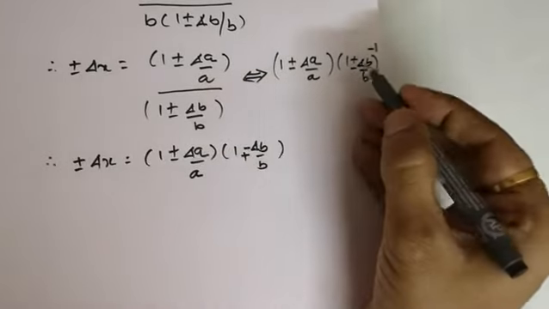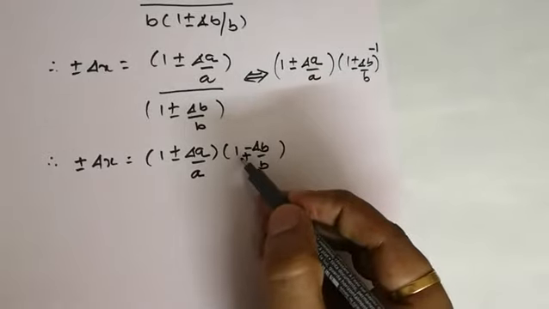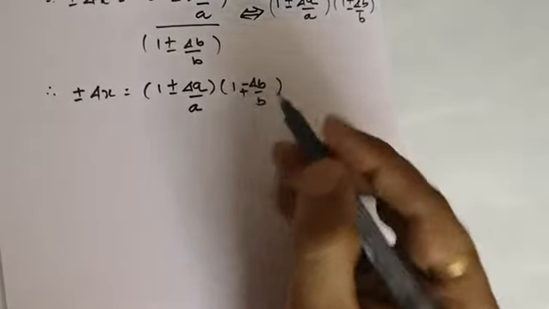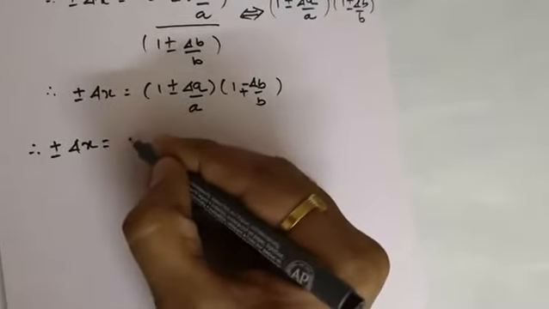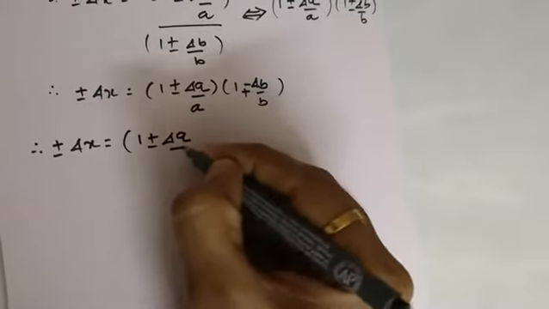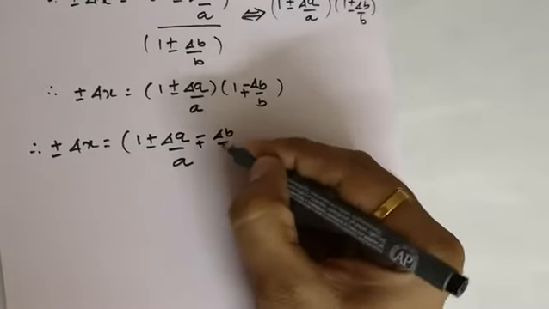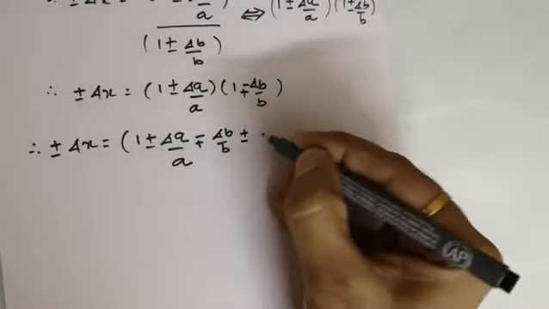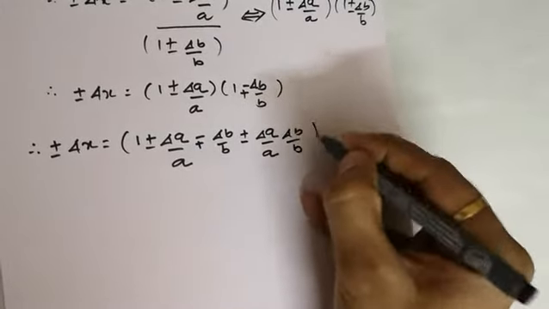So you can see that here I have plus upon minus, and I have minus or plus delta b by b. It also represents the same notation. So now it is having the multiplication rule, as we have discussed previously: 1 plus or minus delta a by a, minus or plus delta b by b, plus or minus the product of delta a by a and delta b by b.